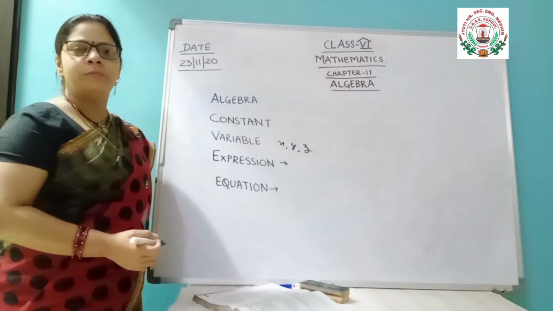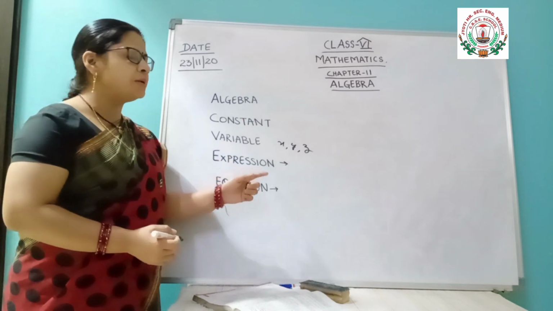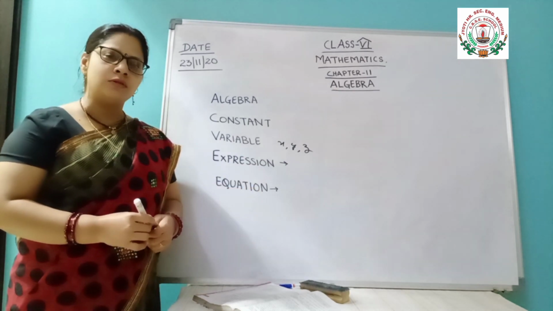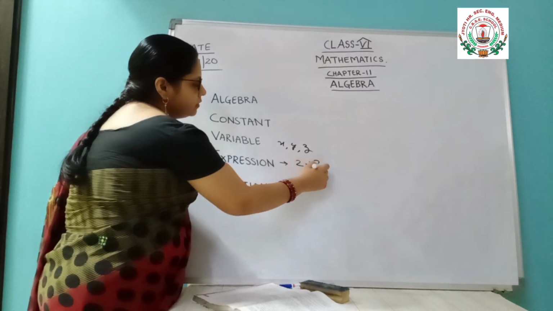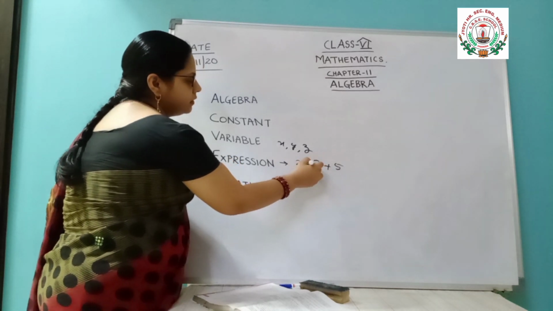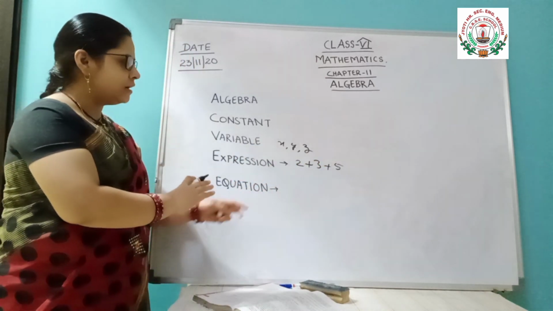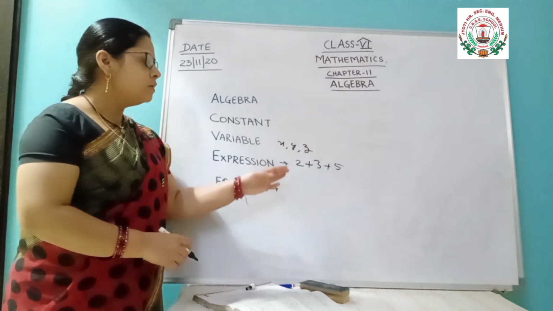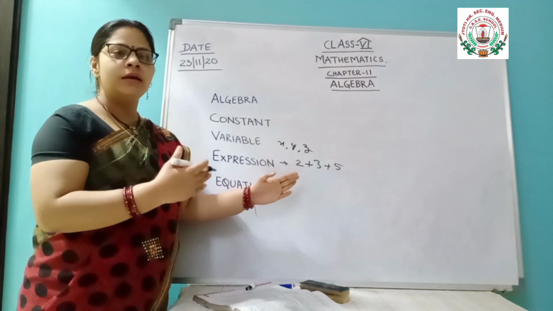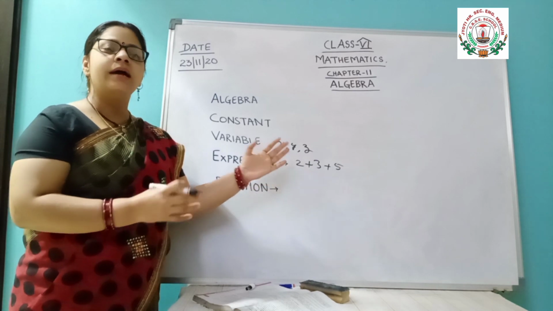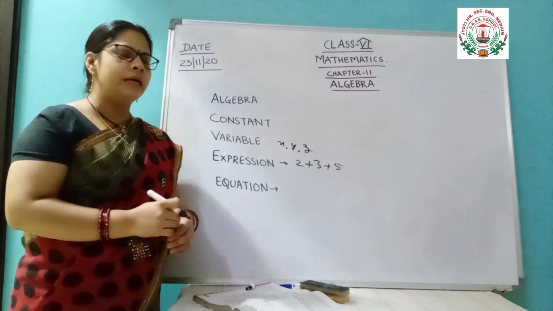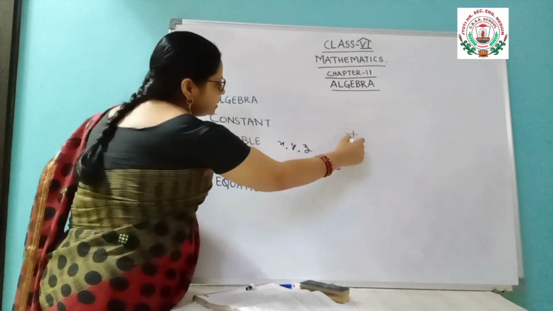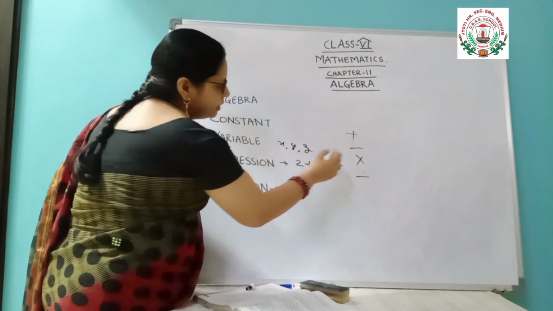Then comes the expression. An expression can be in the form of numbers also, like 2 plus 3 plus 5. This is just a little example where more than two numbers are connected. They can be connected through any operation, like plus, minus, into, divide.